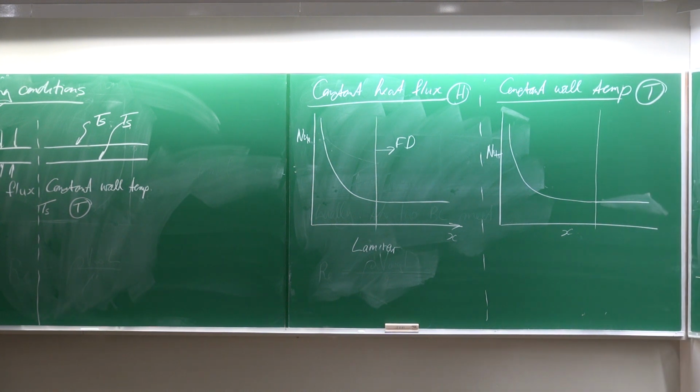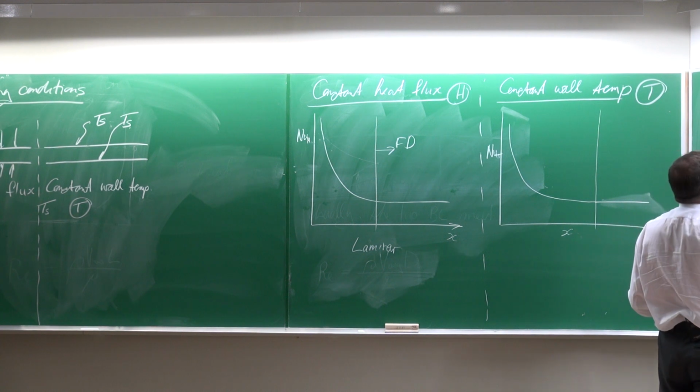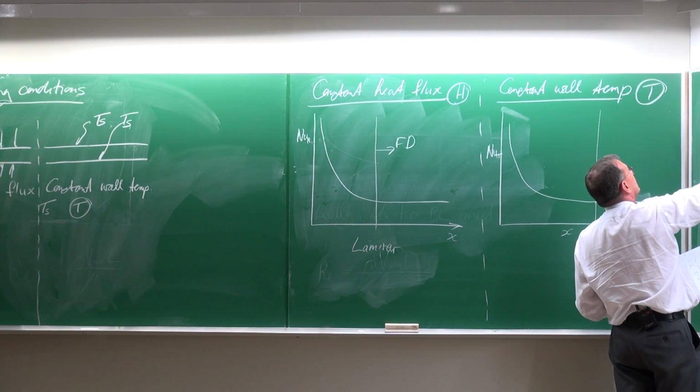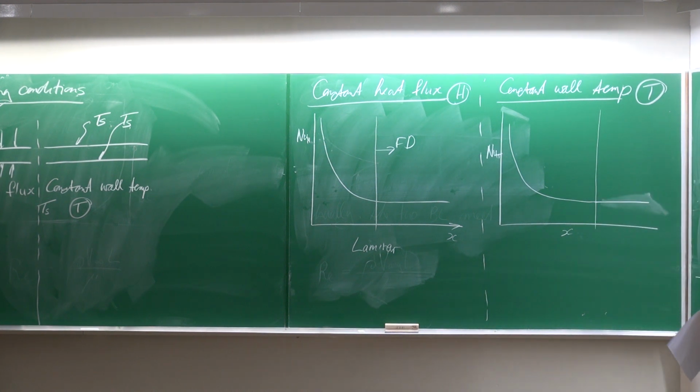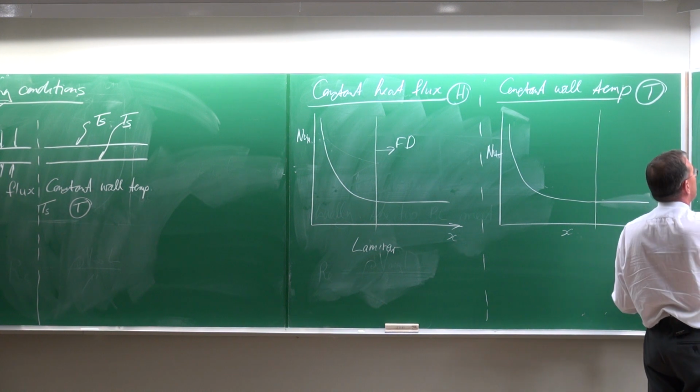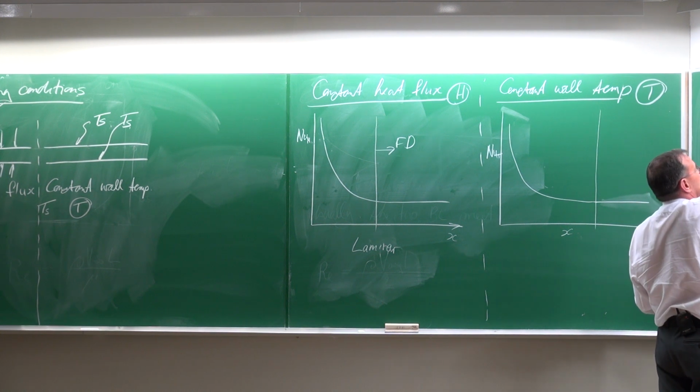So you will see the trends are exactly the same. So you will ask me, but what is the difference? Well, many students, if they look at the graphs in the textbook, do not realize it. But if you go and plot these two values now on the same graph, so it is Nusselt H and Nusselt T, the one for constant heat flux and the other one for constant wall temperature, then you're going to see they do something like that.